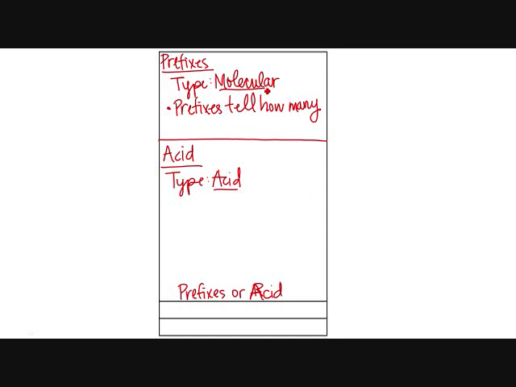So if it's an acid, then you're going to have H plus combine with the anion, and you want to balance the charges to 0.